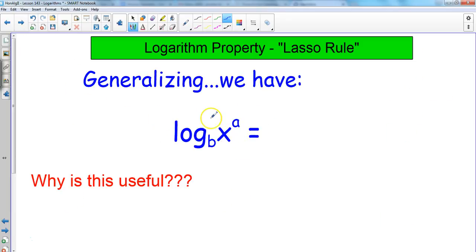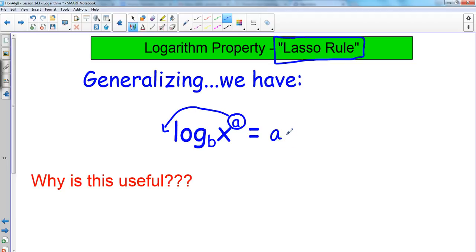So to give you the general rule here, this is affectionately known as the lasso rule, and all we mean by that is we can take this exponent, pull it in front, and then figure out what log base b of x is, and then just multiply it by that exponent.